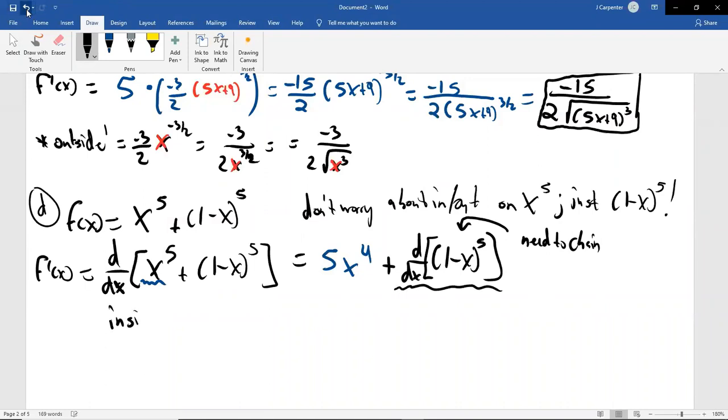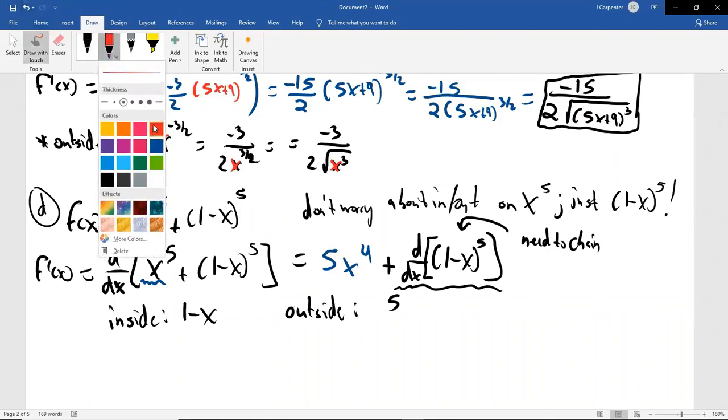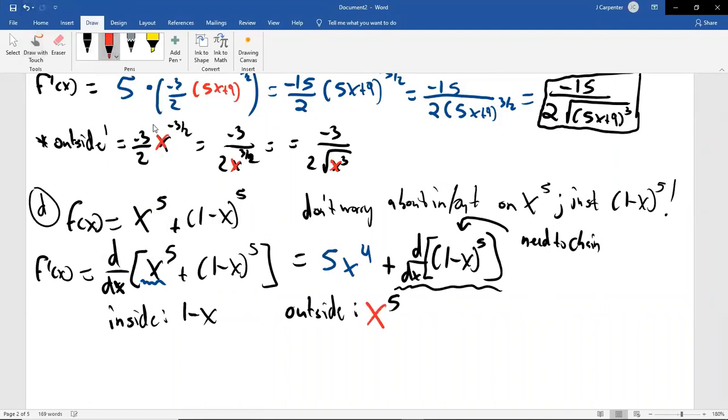The inside would be the 1 minus x, and the outside would be our x to the fifth, but we're going to use a red x instead to represent the inside. It's the inside to the fifth power. Then we can go and do their derivatives.